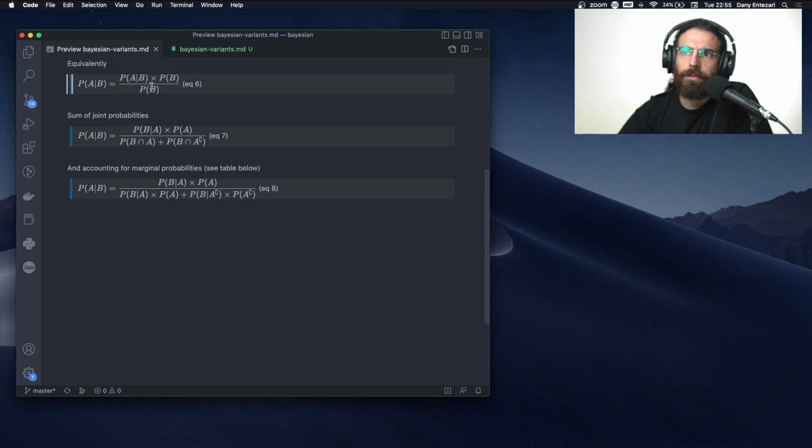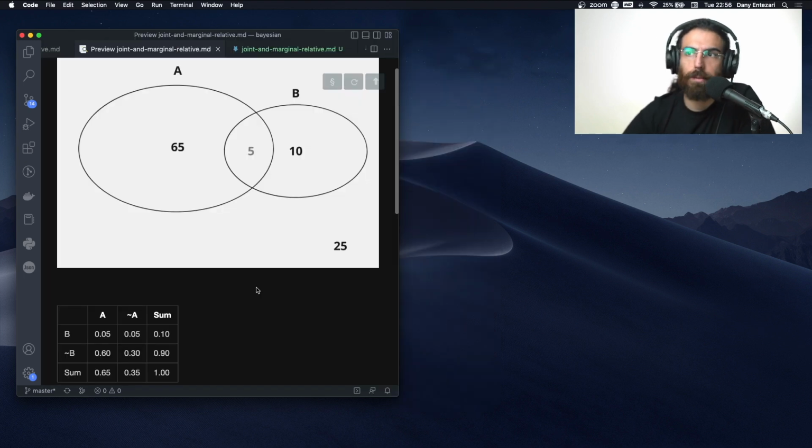The probability of B. We can replace this marginal probability with the sum of joint probabilities. If you remember from the example where we had the table of frequencies and the marginals, we saw that the probability of B was the sum of its intersection with A and with the intersection of the complement of A. To refresh your memory, let me pull up that example.